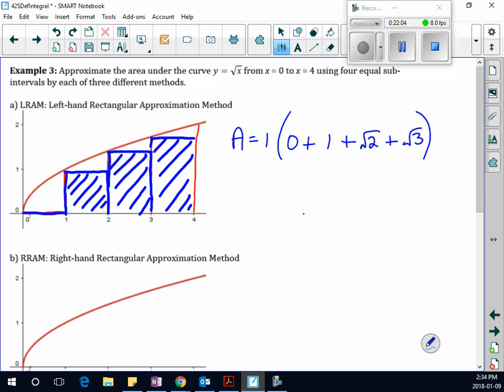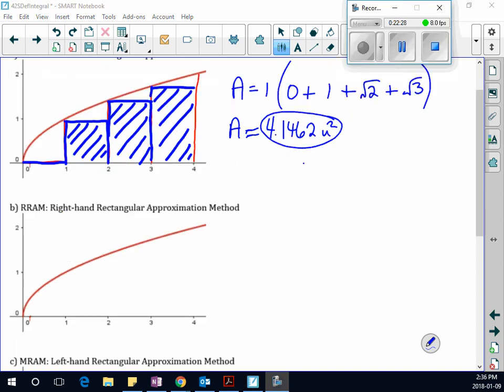And we'll do 3 decimal places. Remember, it's just like pre-cal. You do not round until your final answer. So you get approximately 4.146 units squared.